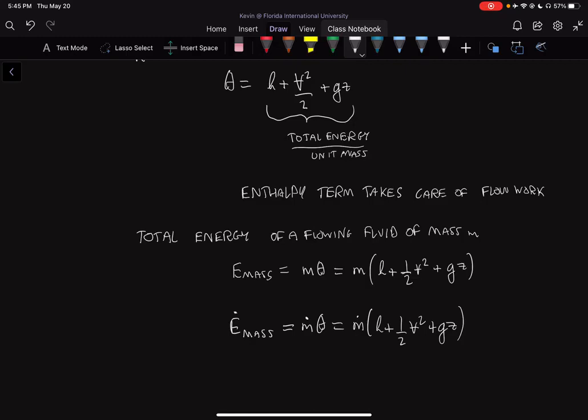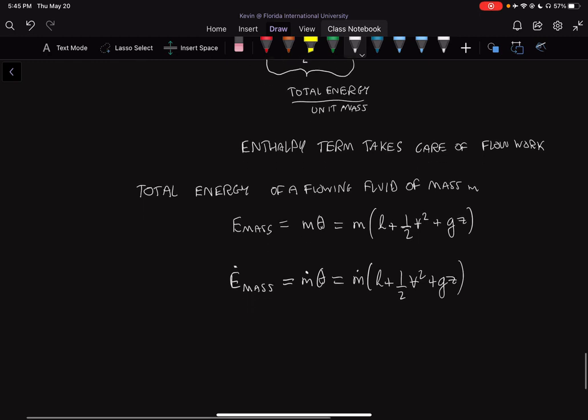Okay, and now from this equation, we can apply the first law for a control volume.